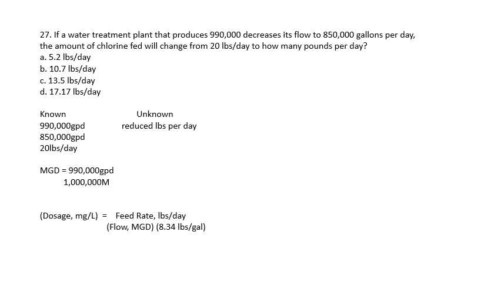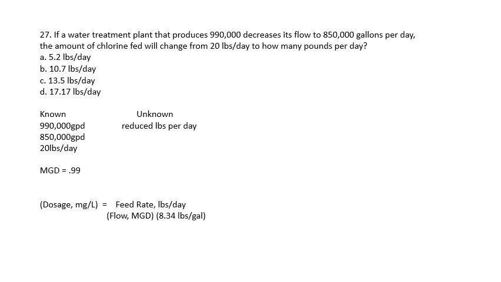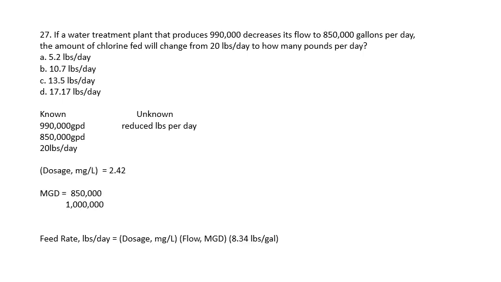We convert that 990,000 to mgd, so divide it by 1 million. Gives you 0.99 mgd. 20 pounds per day divided by 0.99 mgd times 8.34 pounds per gallon. That's giving you a dose of 2.42 milligrams per liter.